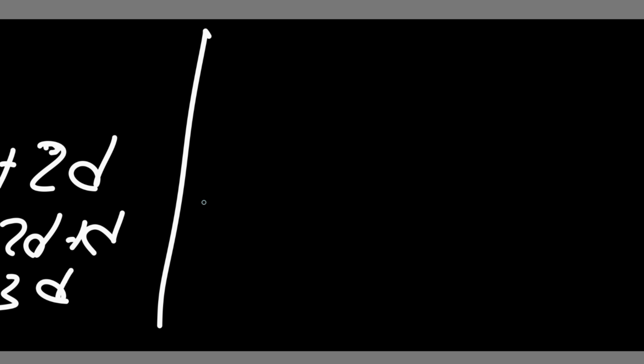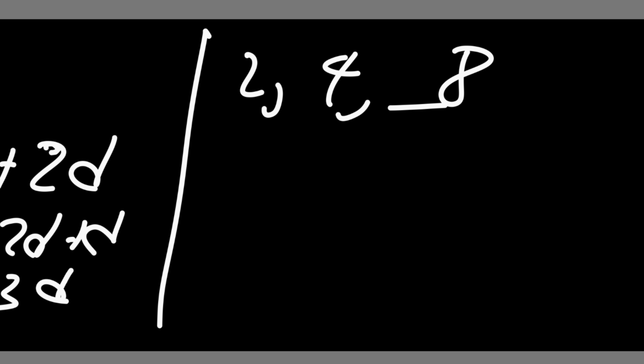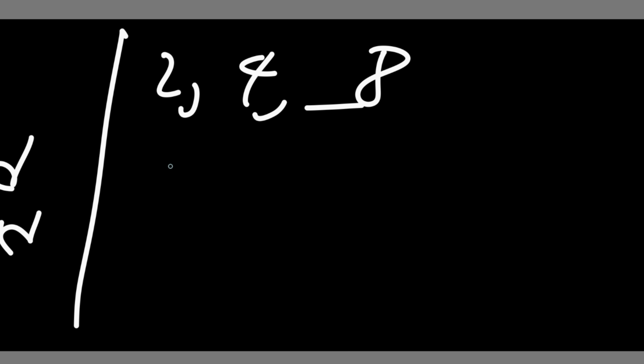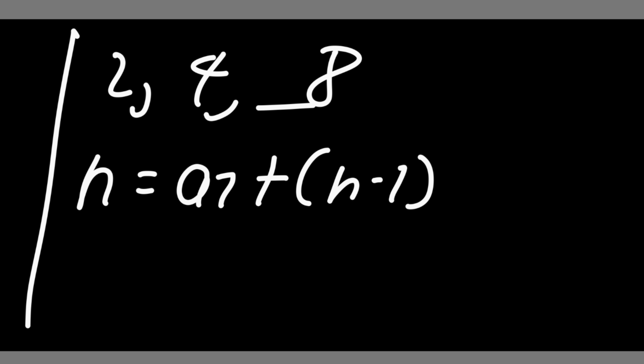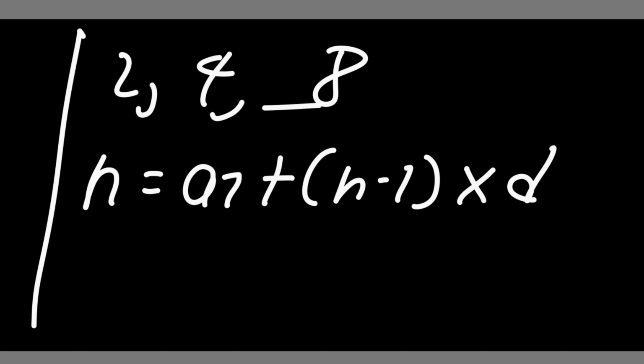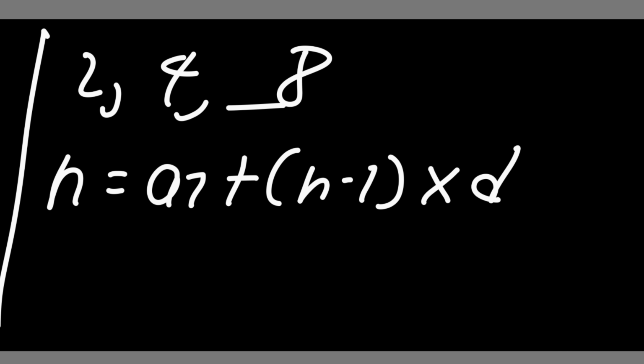Let's do it for the missing 6 to prove this formula works. So let's find the number. The formula is a1, which is always there, plus (n minus 1) to find the previous number, multiplied by the difference to get the number. Now a1 is 2.